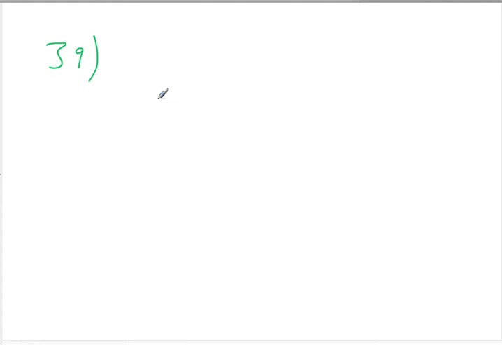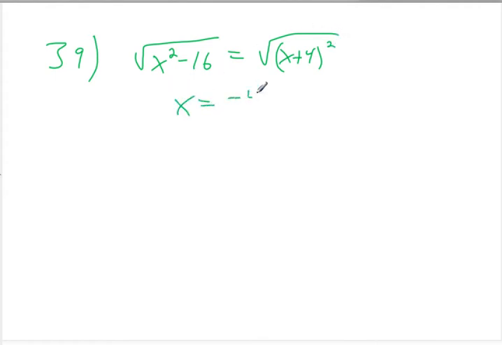39. A student solved the equation square root of x squared minus 16 equals the square root of x plus 4 squared, and found x to be equal to negative 4. He said that this solution was extraneous, thus there is no solution. Describe and correct his error.